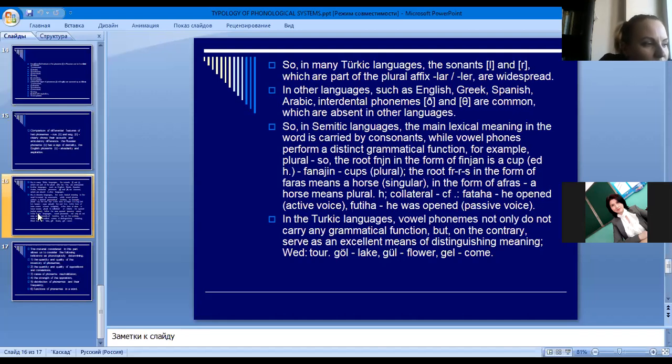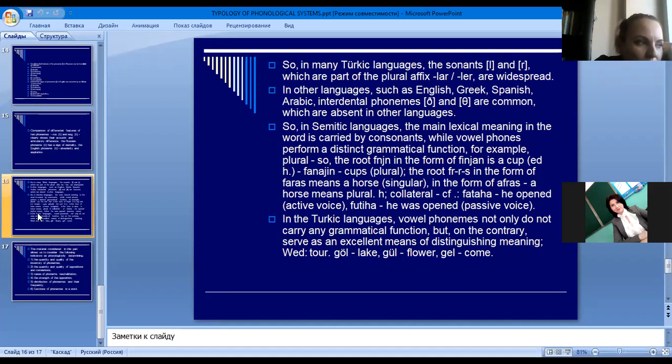In other languages, such as English, Greek, Spanish, Arabic, interdental phonemes, such as F and V, are common, which are absent in other languages.